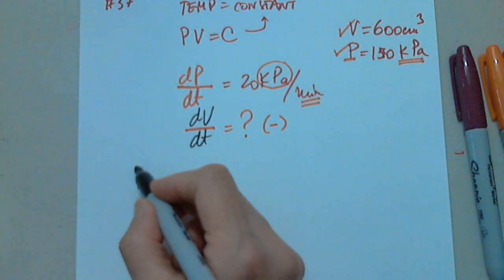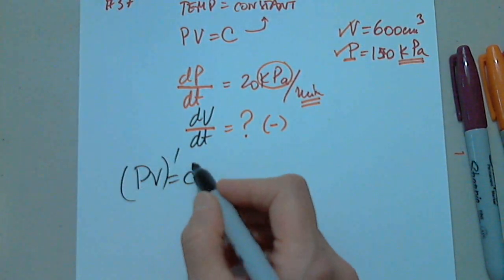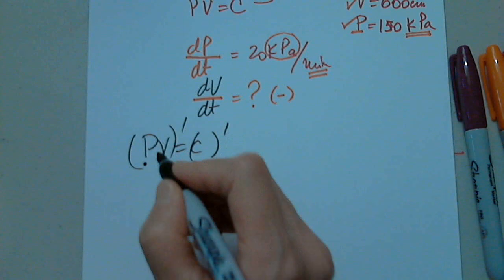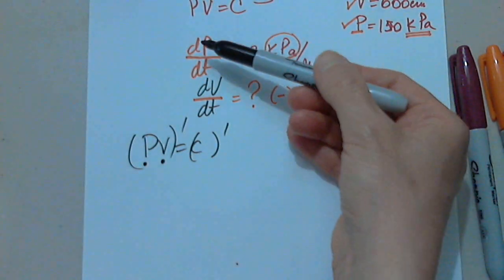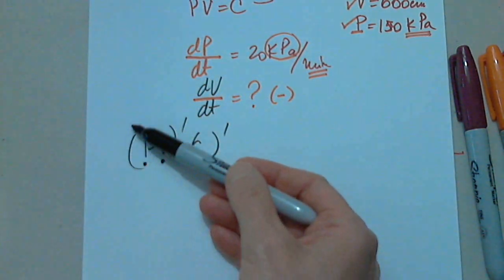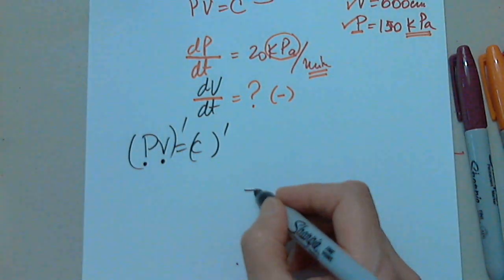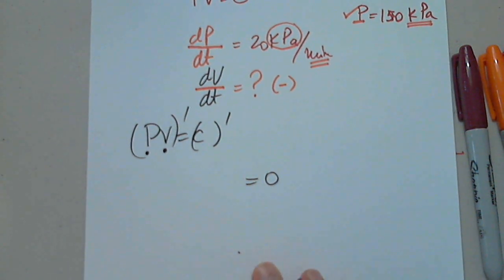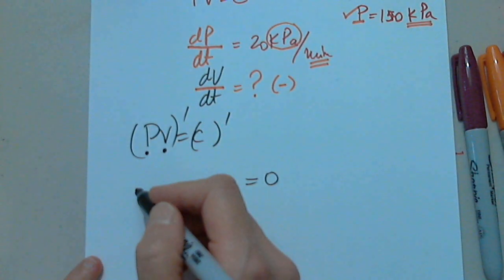Fine. So PV equals C. We differentiate both sides. Obviously, P is a function of t. Obviously, V is a function of t. So can anyone help? I will help with the right-hand side. Can anyone help with the left-hand side? Differentiating the left-hand side, I'm ready.